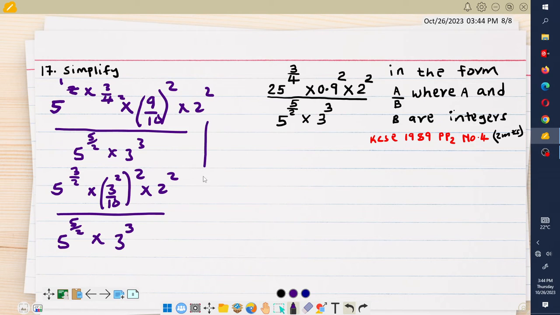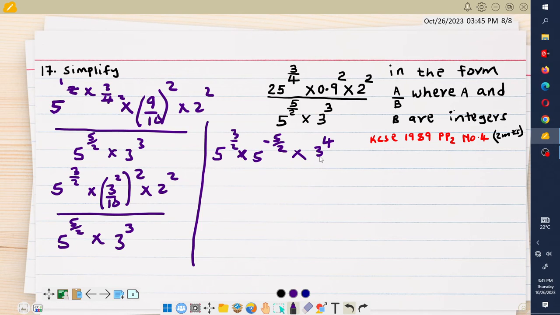So this will be equal to, so I'm going to combine now. I'm going to take 5 to the numerator, so that I get 5 to the power of 3 over 2. Then I multiply with 5 to the power of negative 5 over 2. So when this one goes to the numerator, we negate the power. Then multiplied by, so 3 squared times 2, this will give us 3 to the power of 4. 2 by 2 will give me 4.